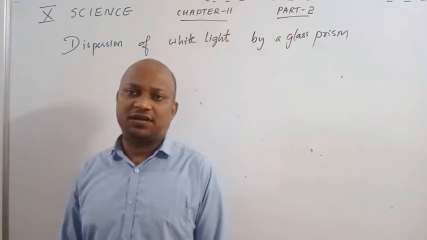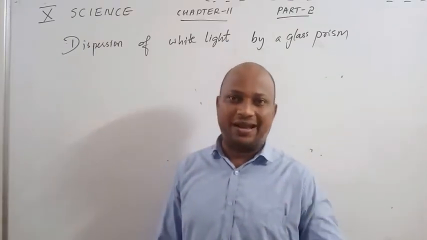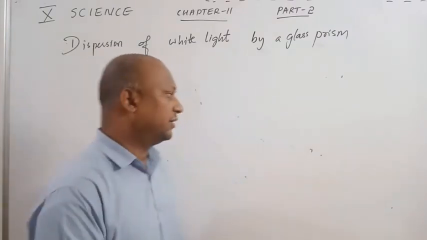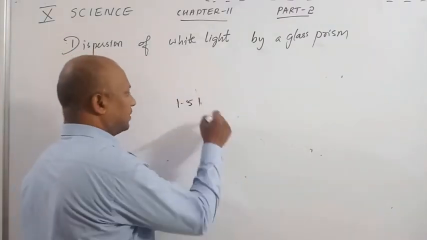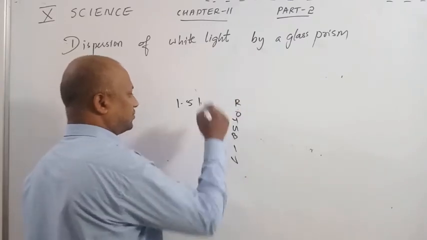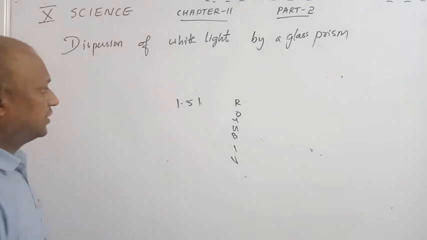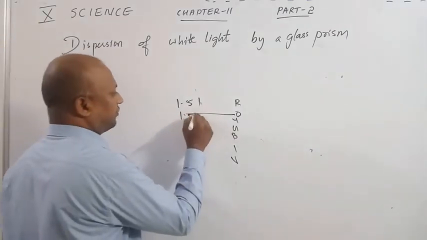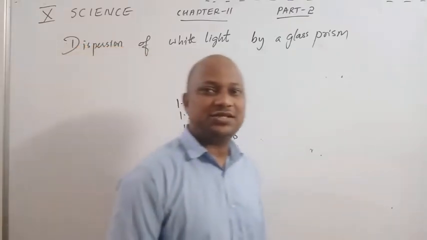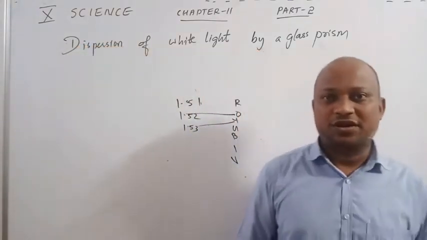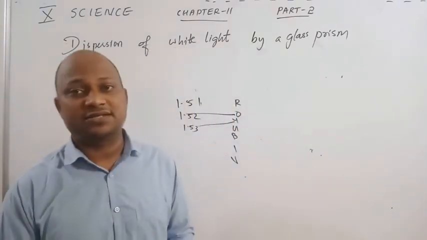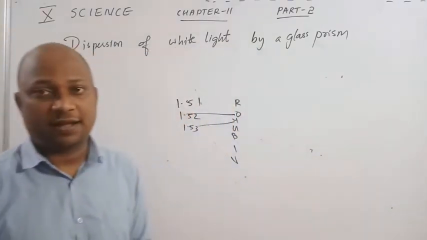For example, the refractive index for red light is 1.51. Then for orange it may be 1.52, yellow it may be 1.53. A very small variation of refractive index is there. So refractive index not only depends on the medium, it also depends on the frequency of light.